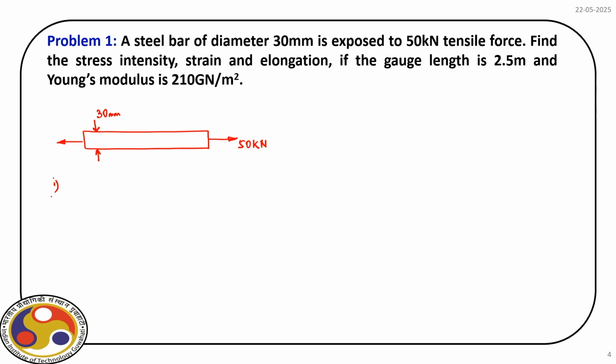So, our first task stress intensity, then strain, and finally, the elongation. What is given? The gauge length is 2.5 meter and the Young's modulus E is given. So, this is 210 giganewton per meter square.